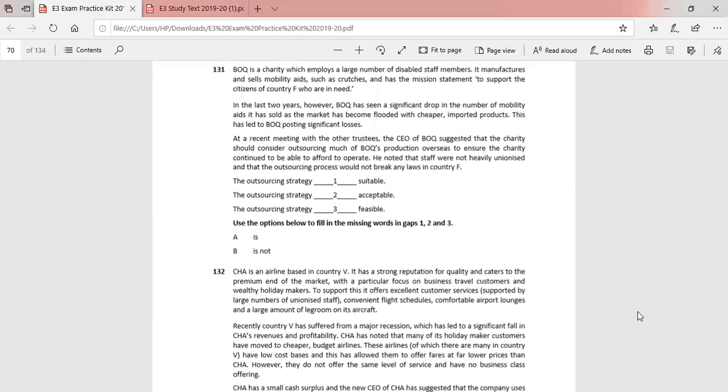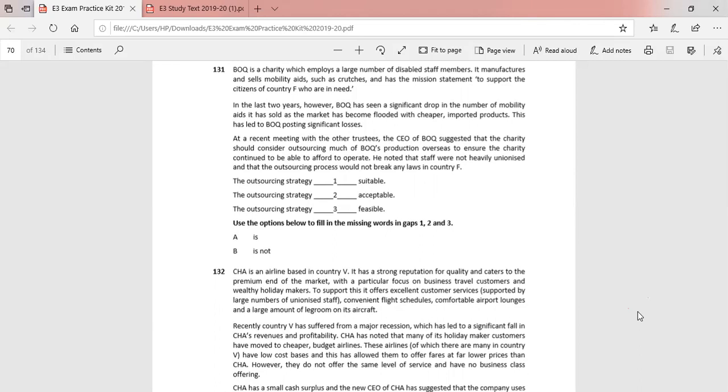131. BOQ is a charity which employs a large number of disabled staff members. It manufactures and sells mobility aids such as crutches and has the mission statement to support the citizens of country F who are in need. In the last 2 years, however, BOQ has seen a significant drop in the number of mobility aids it has sold as the market has become flooded with cheaper imported products. This has led to BOQ posting significant losses.